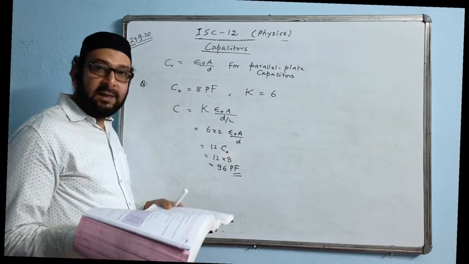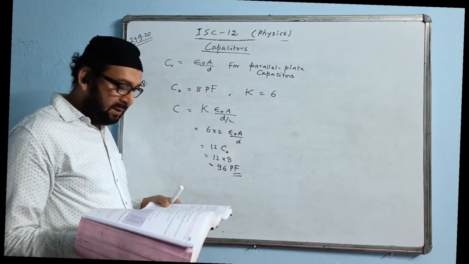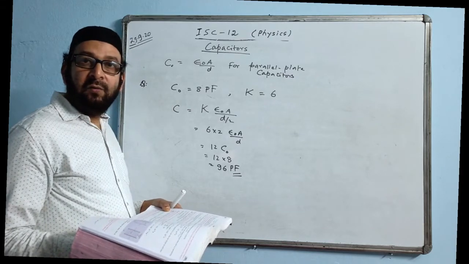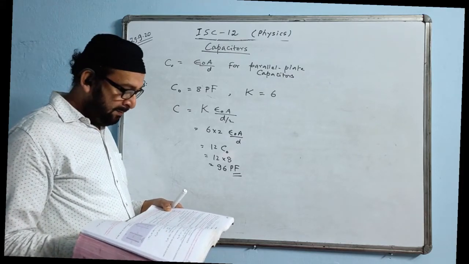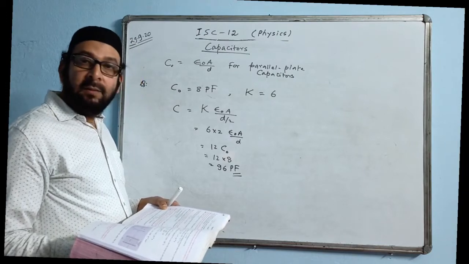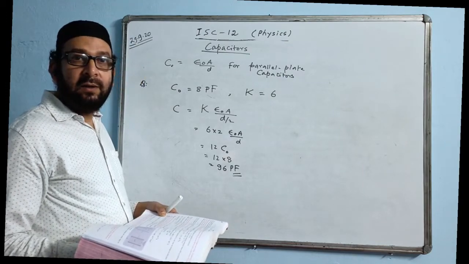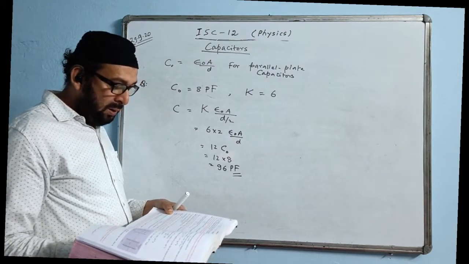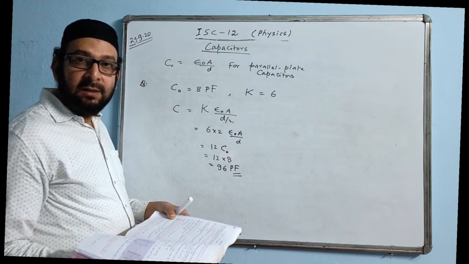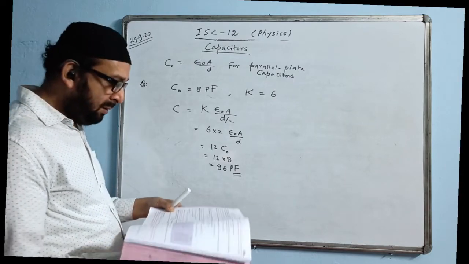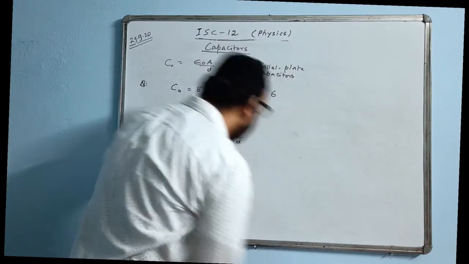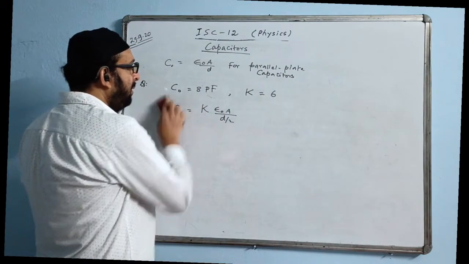Calculate, in SI unit, number 1, the magnitude of uniform electric field E between the plates, and number 2, the charge density sigma on any plate. That is the question.